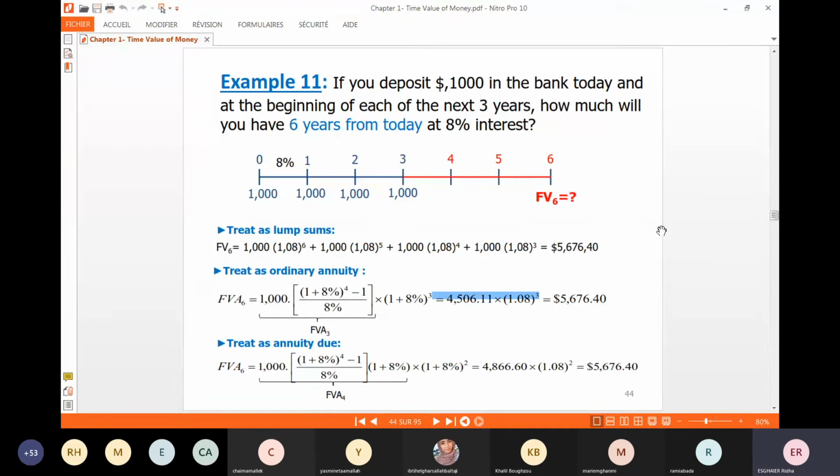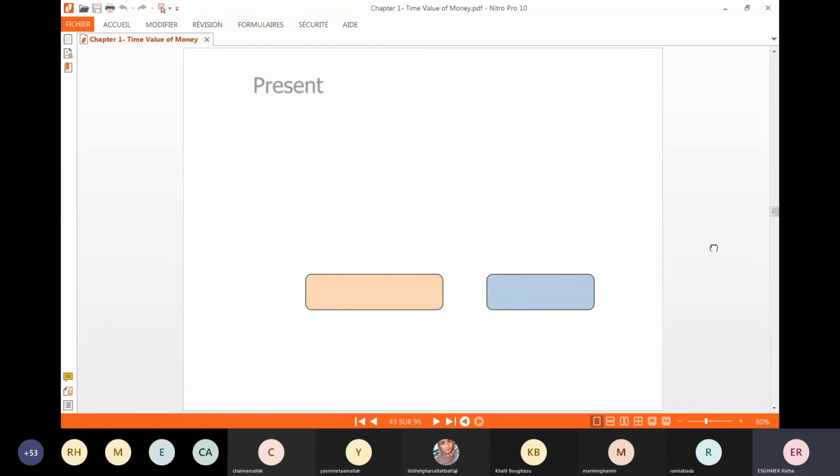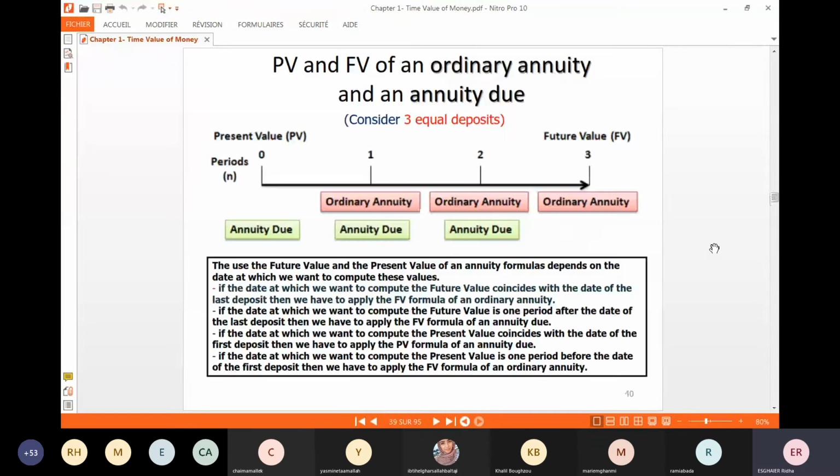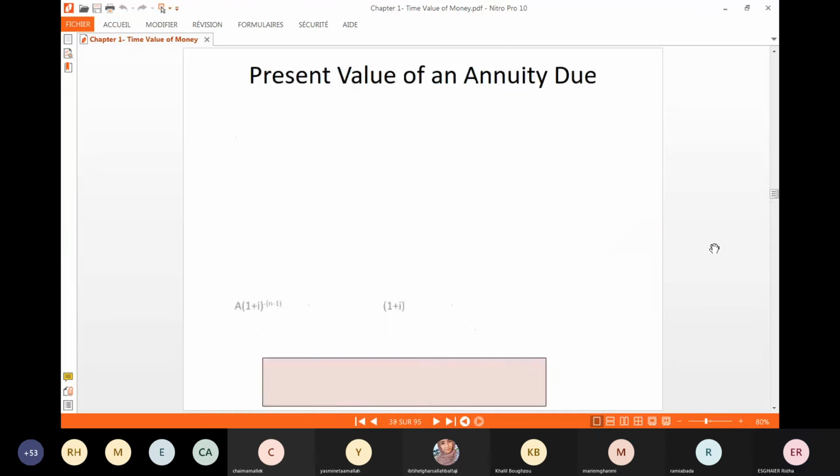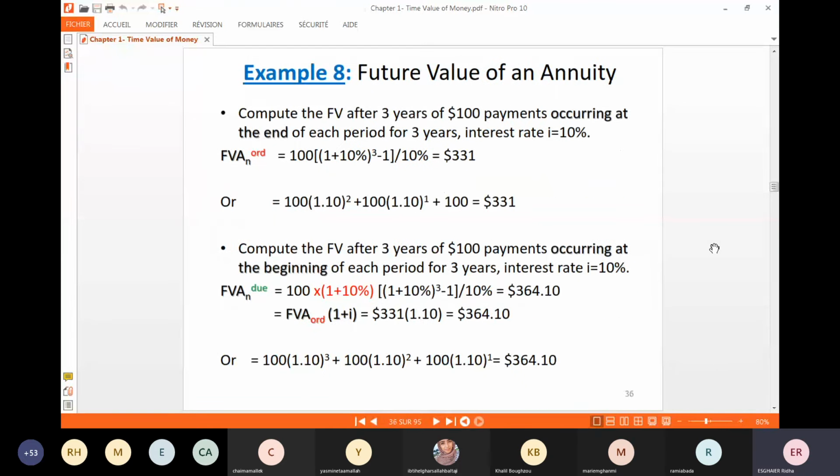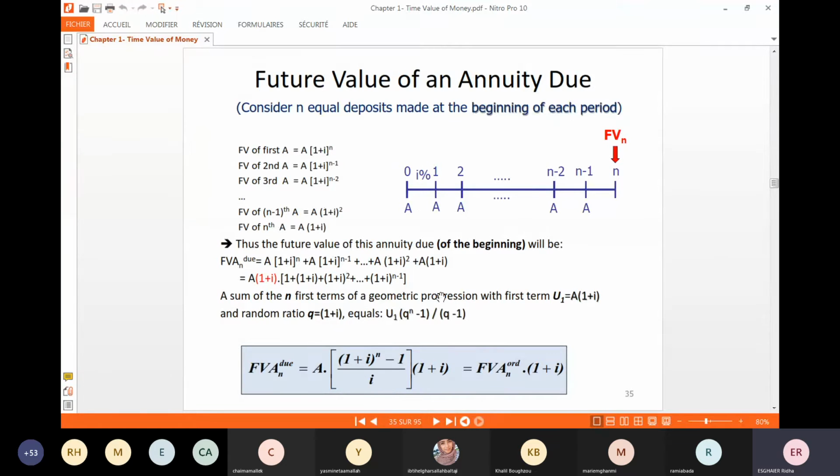Voilà. Now, another way of solving this problem is from the perspective of year 4, because some students will say the first deposit occurs today, so it's an annuity due. So if you want to apply the formula of the annuity due, the future value of an annuity due, the formula that we learned here, gives the future value at the date 1 period after the date of the last deposit.